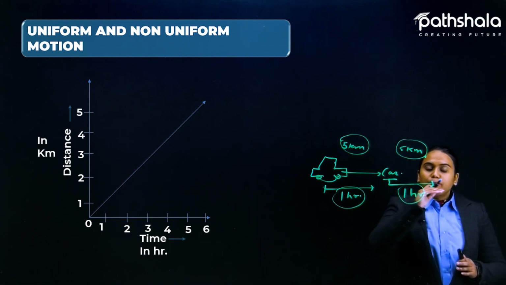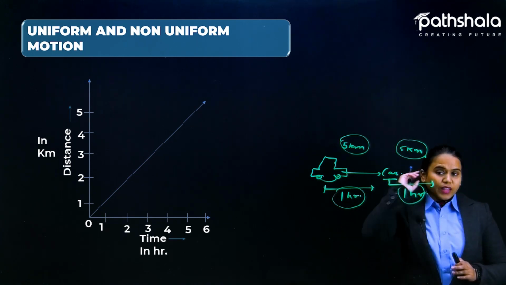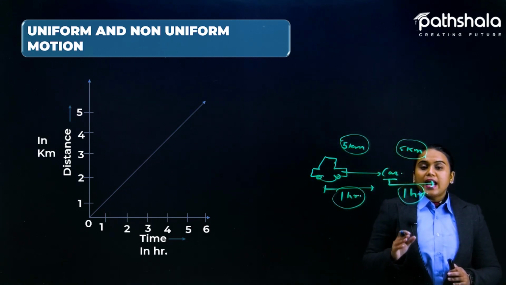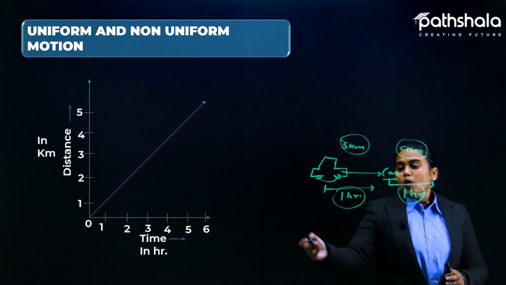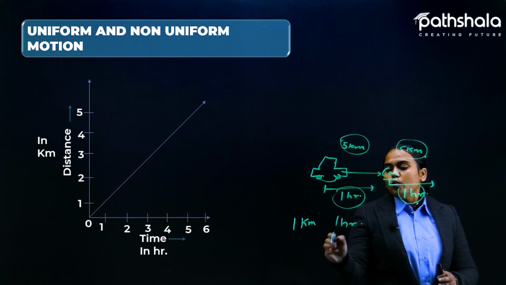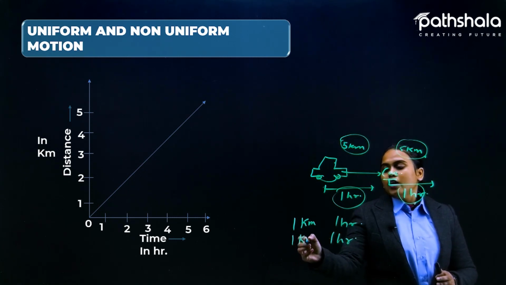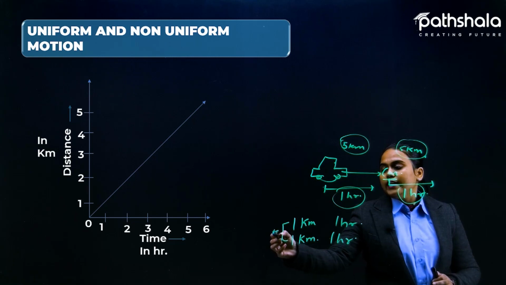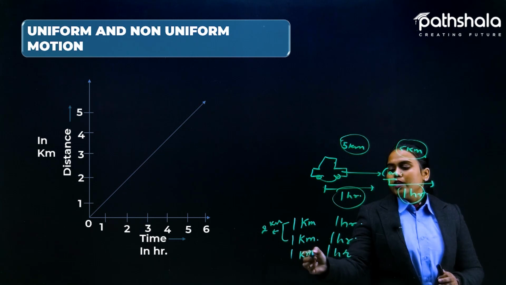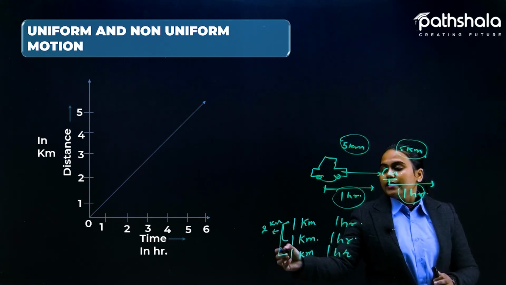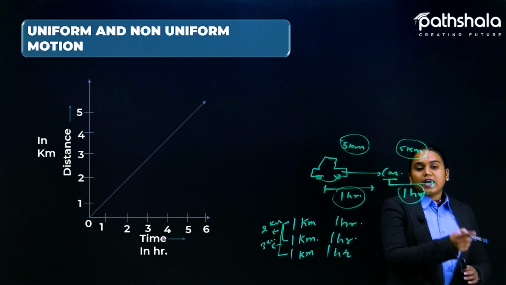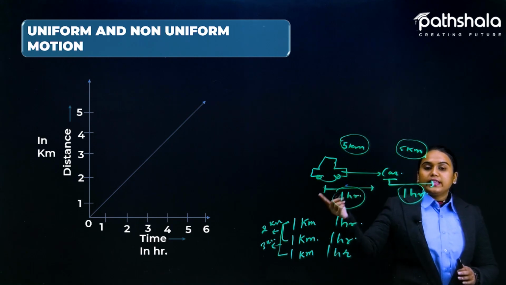So here if we put the x-axis as time and the y-axis as distance in kilometers, and the car is, let's suppose, moving with 1 kilometer in 1 hour. In another 1 hour it is again going to cover 1 kilometer, but together it contains 2 kilometers. And in another 1 hour it covers 1 more kilometer, but together these become 3 kilometers. So assigning the equal position to each and every hour, we make this graph.